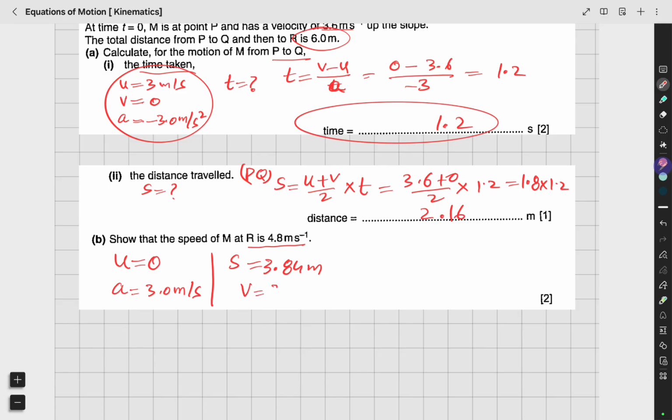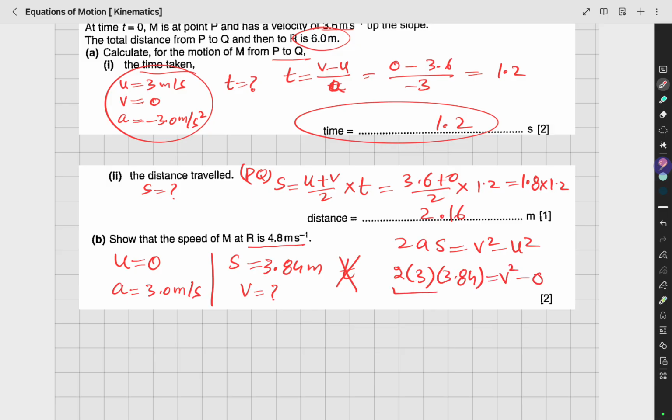Now you have to find the final speed. As time is not given, use an equation in which time is not there. So this is the equation: v squared minus 0 equals 2 into 3 into 3.84. You just multiply them. It is 23.04, and then you simply take its square root to get the answer.